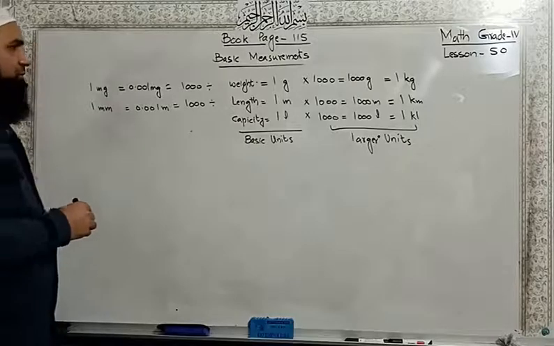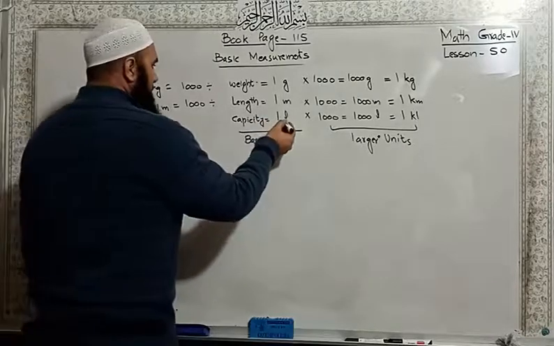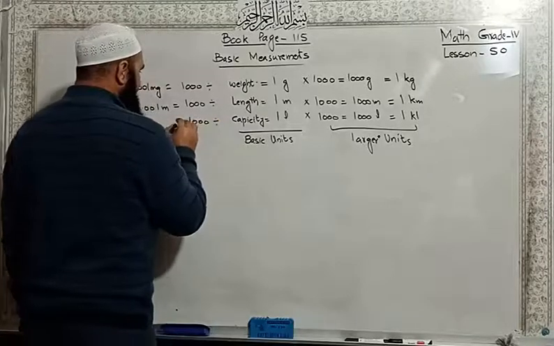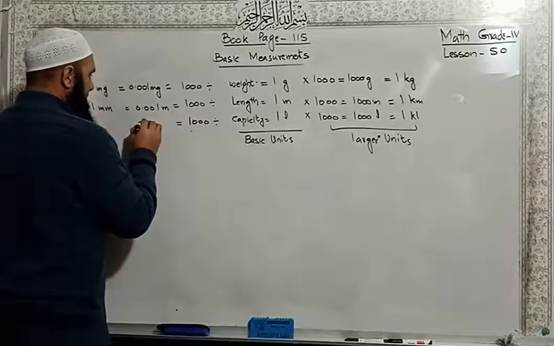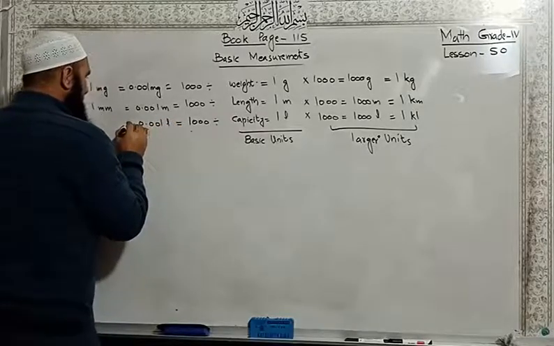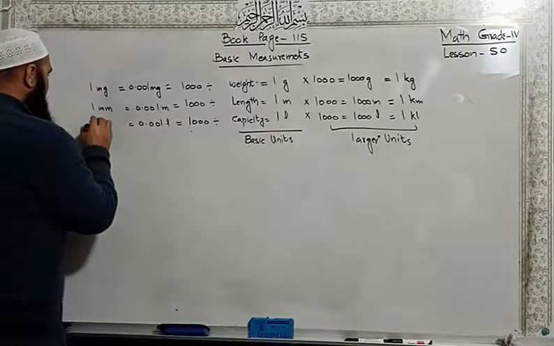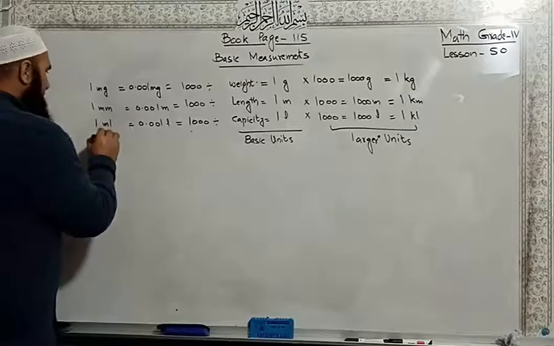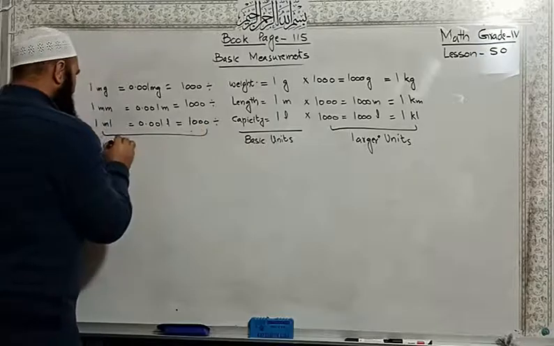And if we divide 1 liter by 1000, after division we will get 0.001 liter, and this we simply say 1 milliliter. So these are our smaller units.